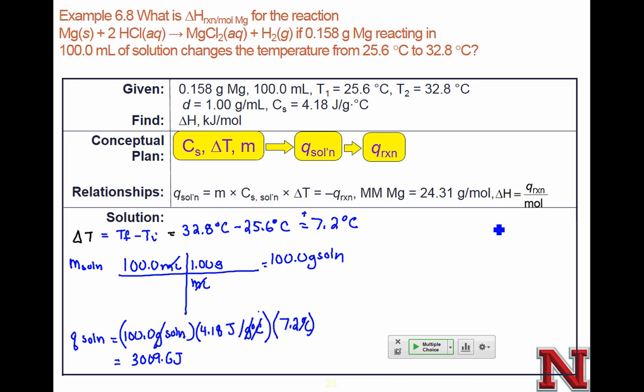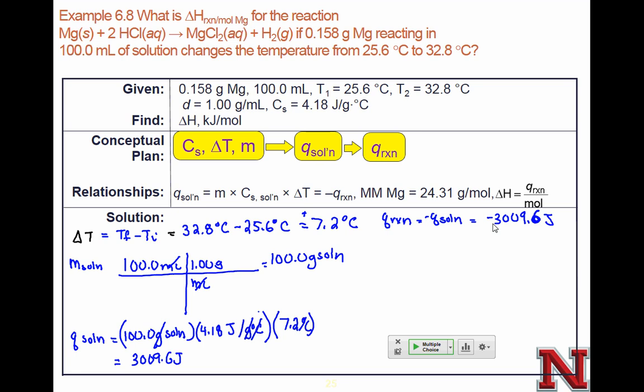So our Q of our reaction is just going to be equal to our negative Q of our solution. So it's going to be negative 3009.6 joules. Oh, sorry, that's a 6. So now this is our delta E for 100 grams of solution.